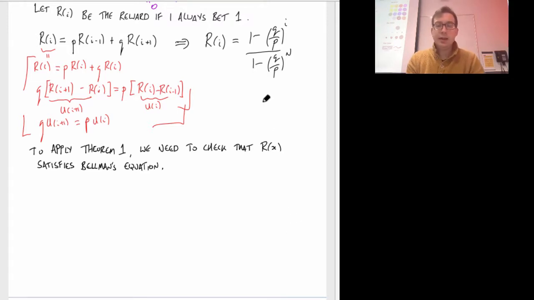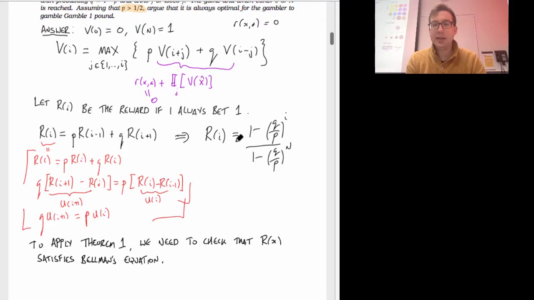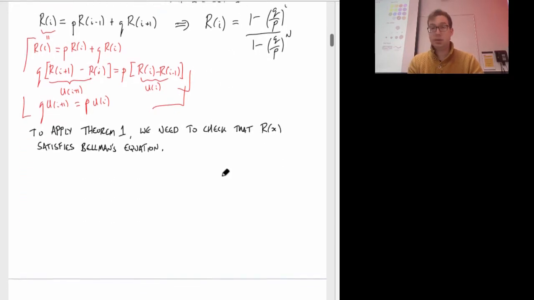So what I need is that if I put this R into this equation, then it's going to give me the right answer. That R of I is equal to the maximum over j between 1 and I of this expression here.